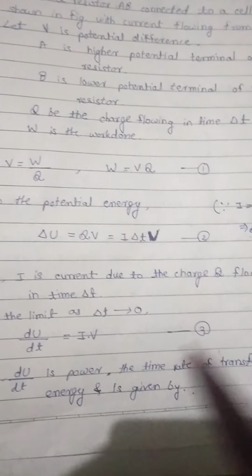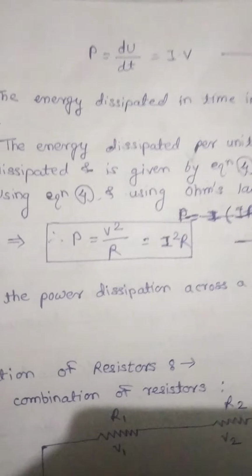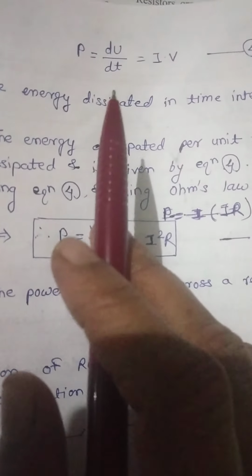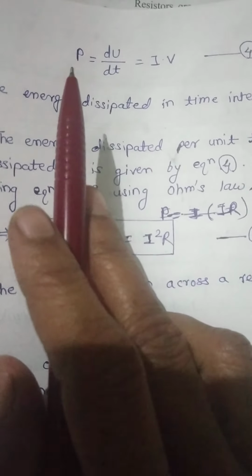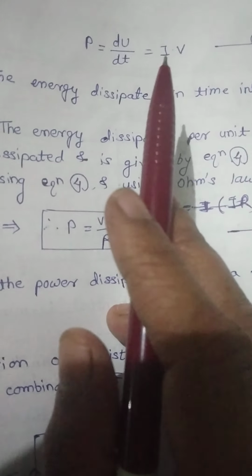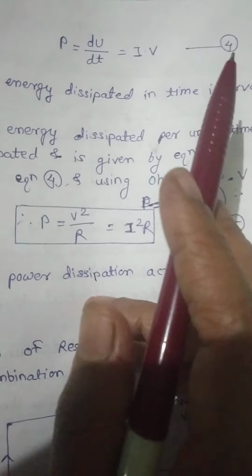So power P is equal to dU upon dt, which is equal to I into V, equation number 4.